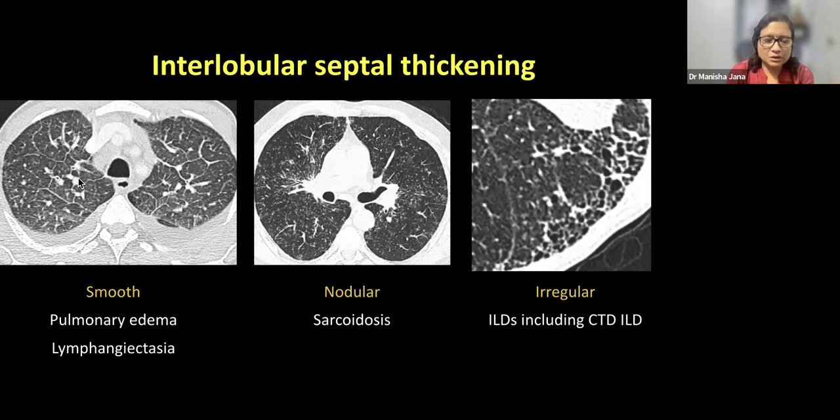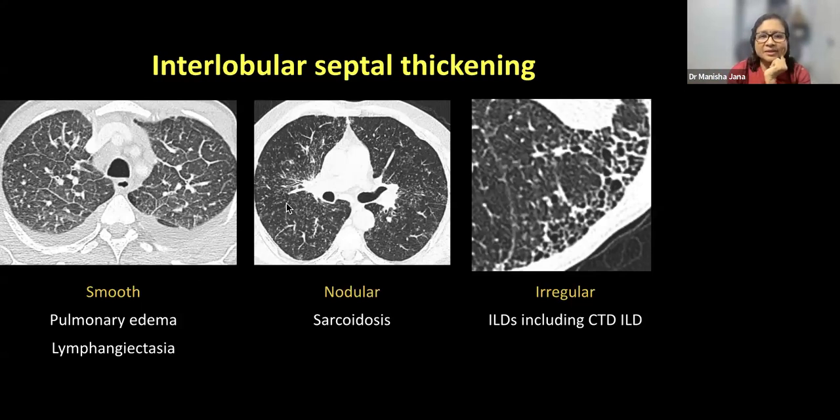If it is smooth, it can be because of venous congestion in pulmonary edema or lymphatic congestion in lymphatic obstruction, say in mediastinal fibrosis, or any mass that is causing lymphatic drainage block or lymphangiectasia.